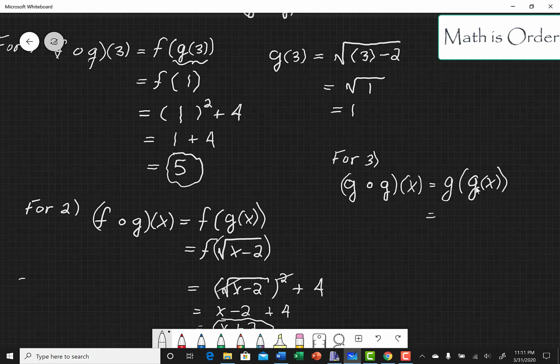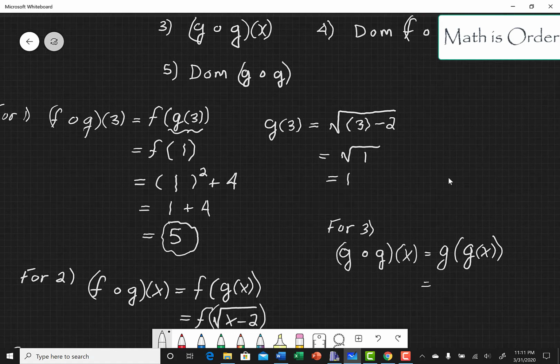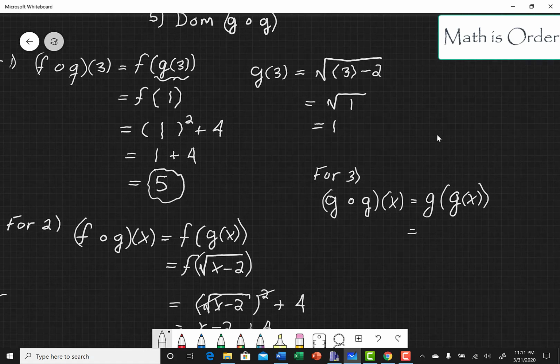So here I'm substituting in g into the function g. Now the function g is, what is it? Square root of x minus 2.